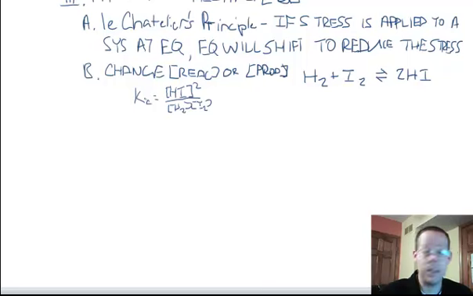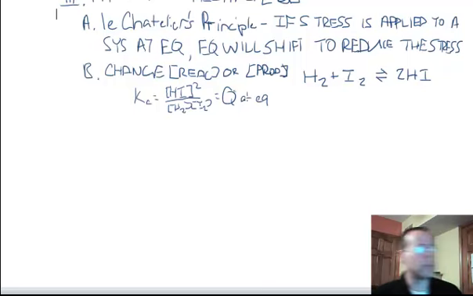Okay, and that is what our Kc looks like, right? Just goes right along with anything we've done with concentrations. We can also say that this is equal to Q at equilibrium. Alright? But again, Q is just our reaction quotient.